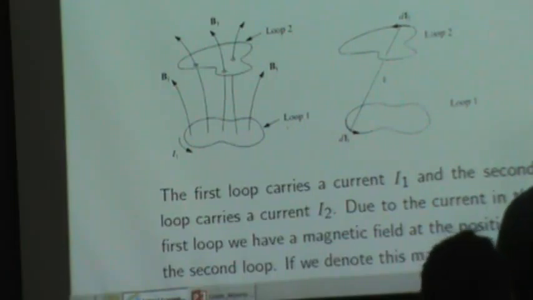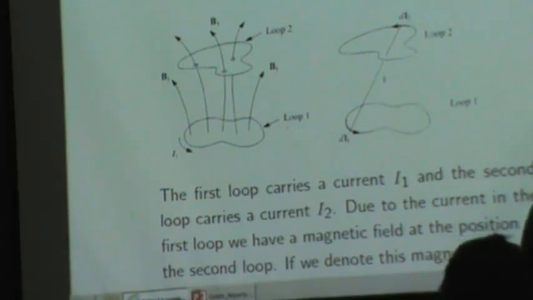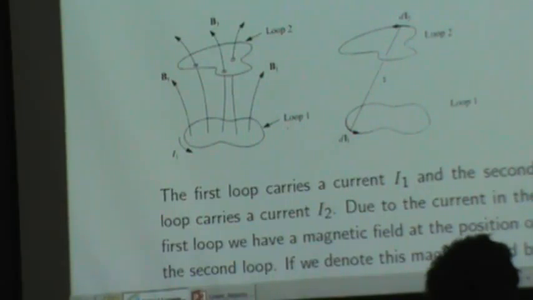So the magnetic flux through the second loop I can write as phi 2,1, the flux on 2 due to the field from 1.